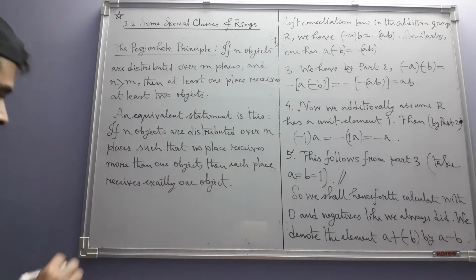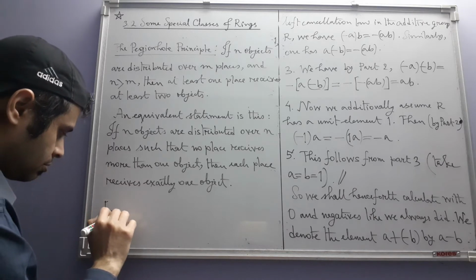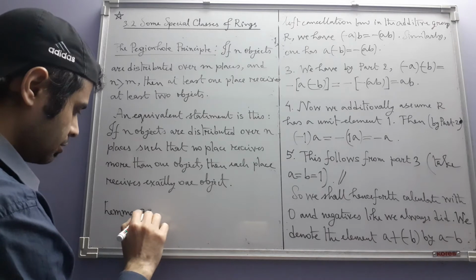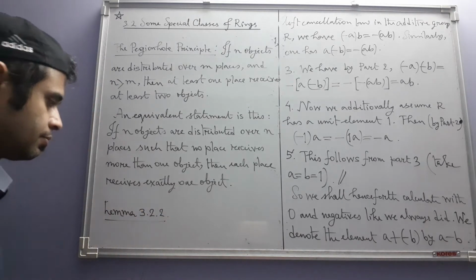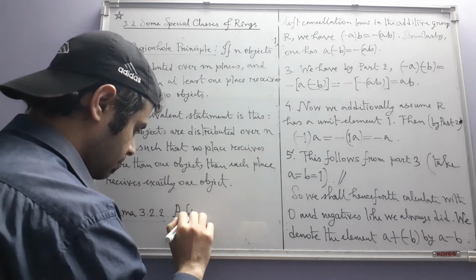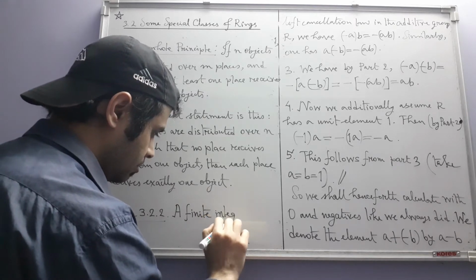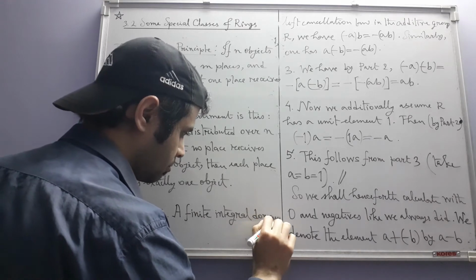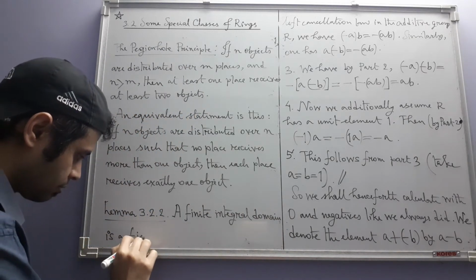Now we state the result. So this is the second lemma, right? So this will be lemma 3.2.2. A finite integral domain is a field.